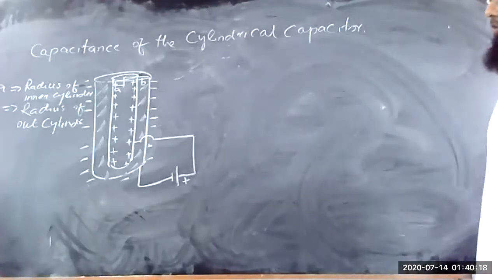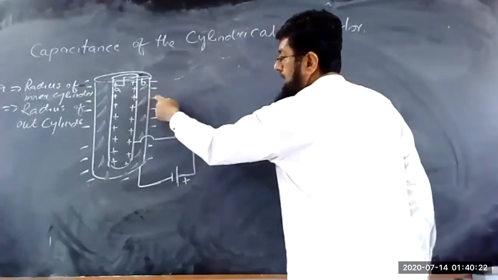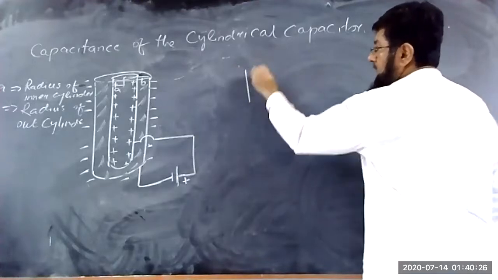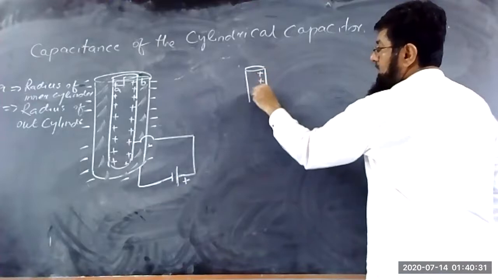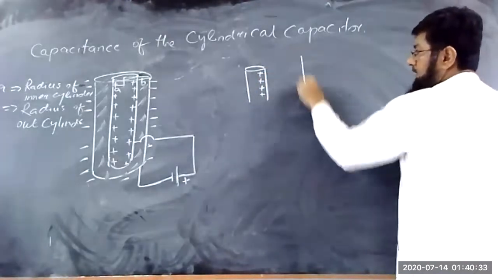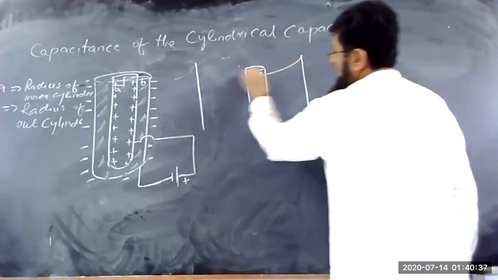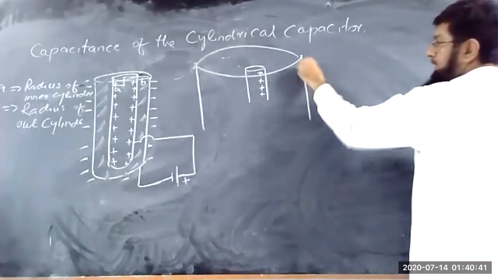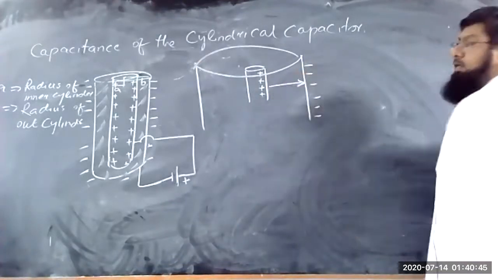So the electric field between them is varying from positive to negative. Like that, इसी को अगर मैं मैग्नीफाई करके बना देता हूं कि ये हमारे पास इनर सिलेंडर था, दिस इज द पॉजिटिव, और ये हमारे पास आउटर सिलेंडर है. This is the negative. The electric field is from positive to negative.